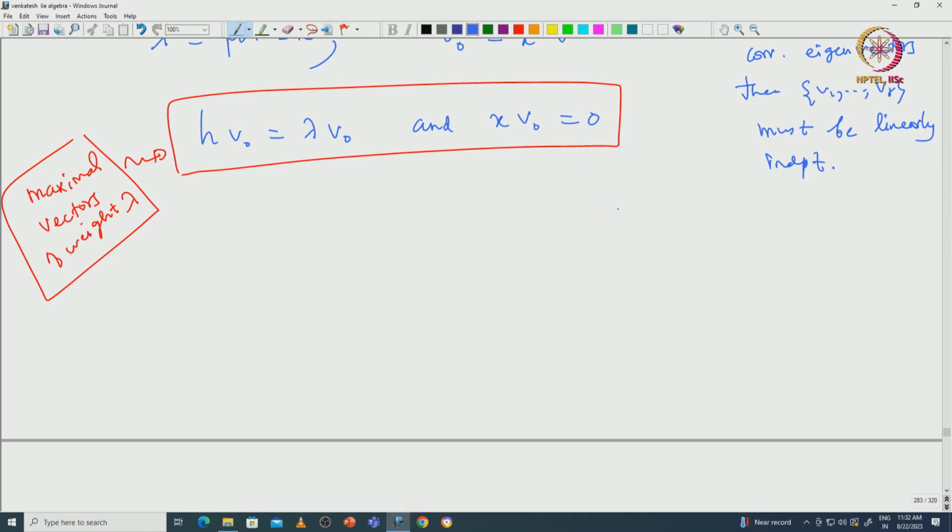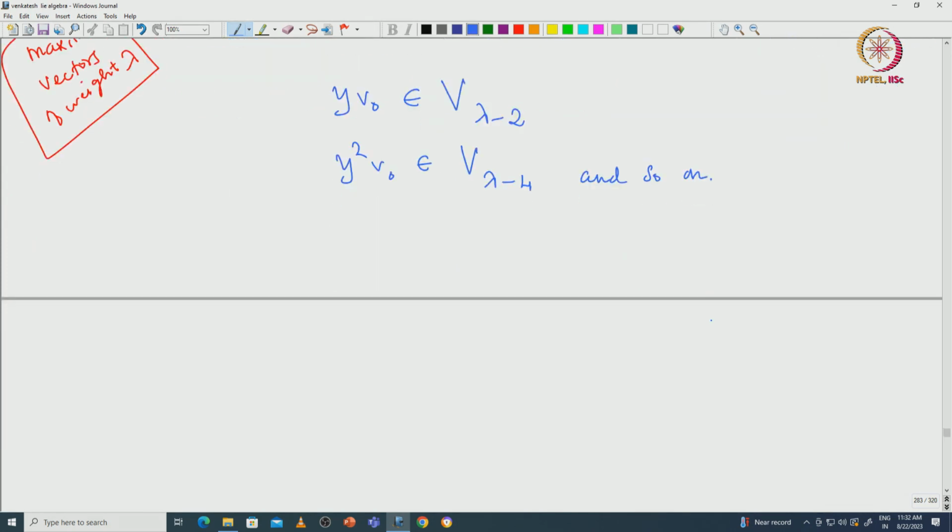So, we need to understand what happens if I apply y. Of course, if I apply y, all I can take is y v naught. For sure I know that this will lie inside V lambda minus 2. Similarly, y square v naught will lie inside V lambda minus 4 and so on. That is what our earlier calculation says.